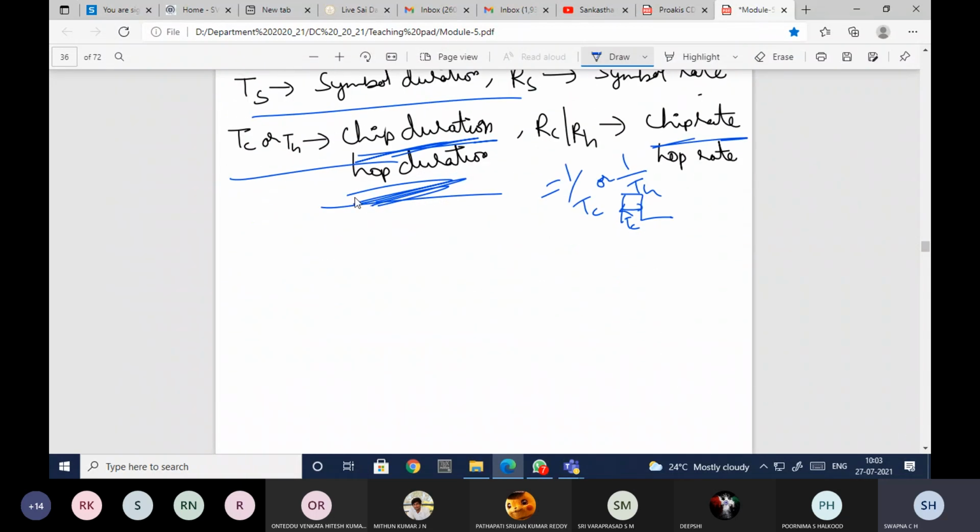So here I am saying that it is the slow frequency hop spread spectrum. It means that the symbol rate is greater than the hop rate.